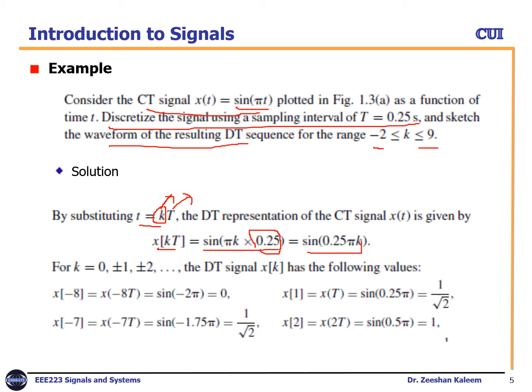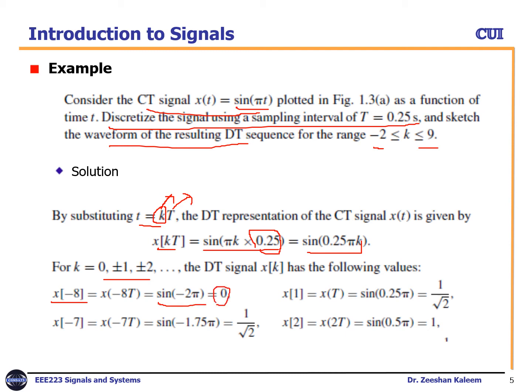Now we need to plot a discrete time signal. So values of k can be 0, plus 1, plus 2, and so on. We can start here with an example taken at k equal to -8. So sin(-2 pi), which is 0.